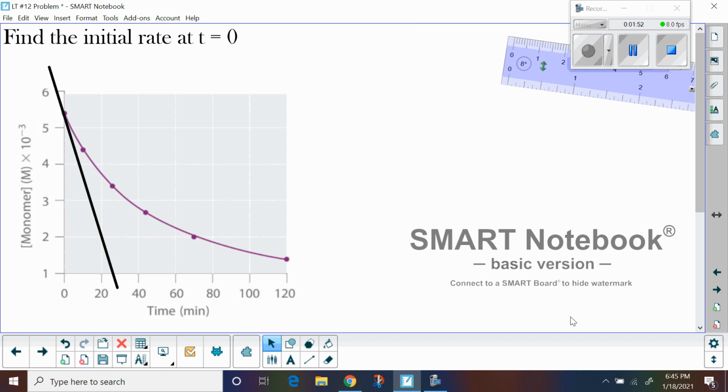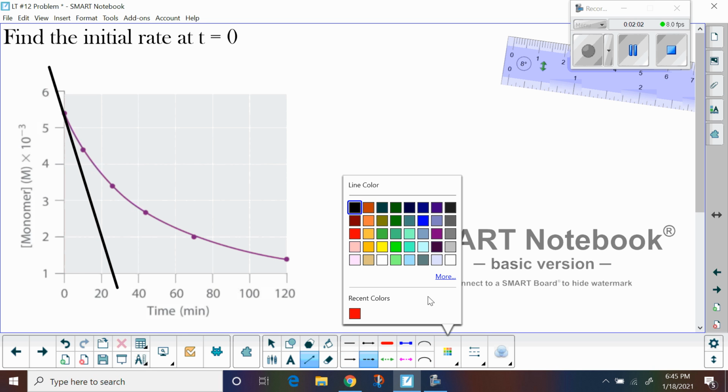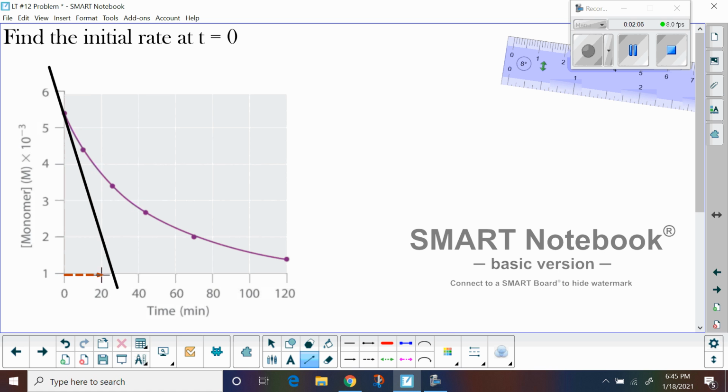And then I'm going to choose 2 points to find the slope of this line. Or I can do rise over run. Either way works. My run here is going to go this way, and my rise here is going to go this way.